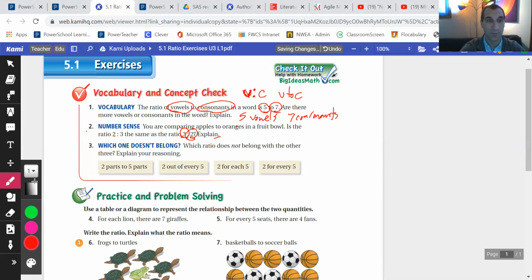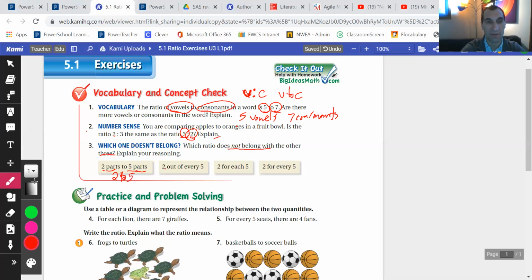So it's different. Number 3, which one doesn't belong? Which ratio does not belong with the other 3? Explain your reasoning. All right, so let's look at these options. 2 parts to 5 parts. So if there's 2 parts of something, there'd be 5 parts of something. So the ratio would be 2 to 5.